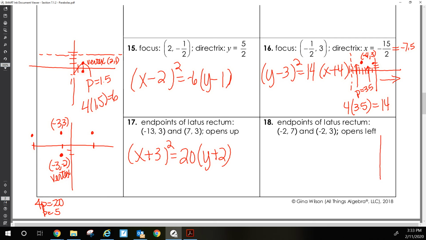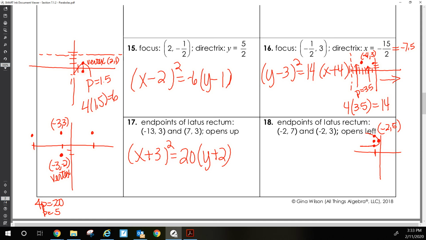All right, last one here. This one's a little nicer numbers. So (-2, 7) somewhere up here, and (-2, 3). What's halfway between (-2, 7) and (-2, 3)? Well, that would be (-2, 5). That's our focal point. It's opening to the left, so it's going to look like this somewhere. My vertex is over here. How far over is it?